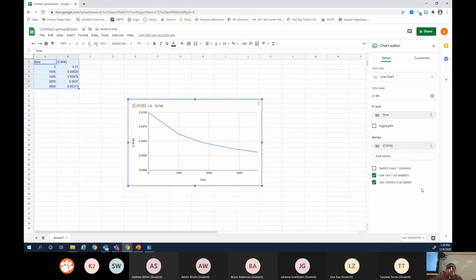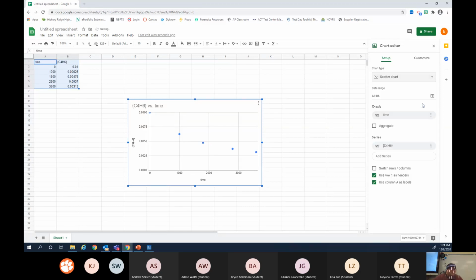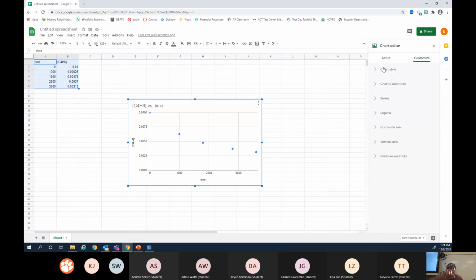You can always add what you want. Here we do have a line chart, which is what we want. You could do the individual data points and do a scatter plot. If you click on Customize, you can add features.